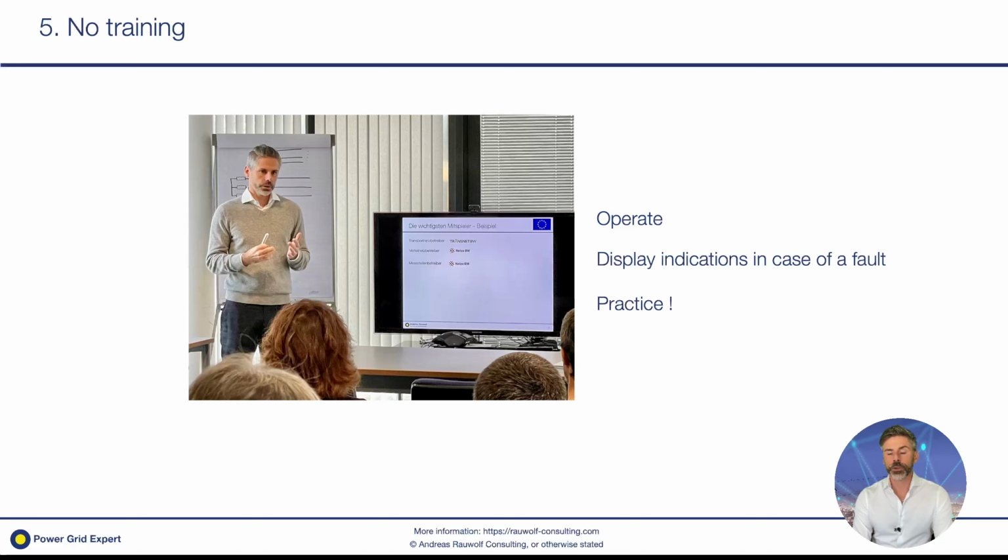Plan a regular schedule, a regular training, like once per year. Catch the guys who are operating those devices under normal operational conditions and also in fault conditions, so that they have a certain routine in how to use the devices, that they are really helpful for them.